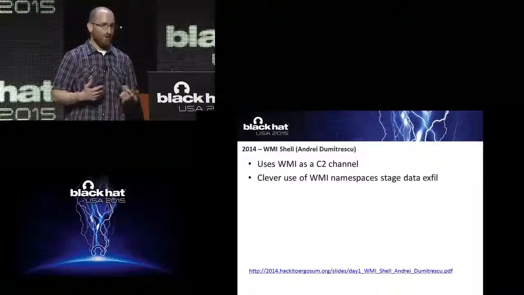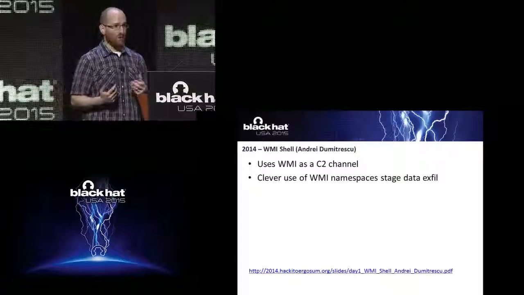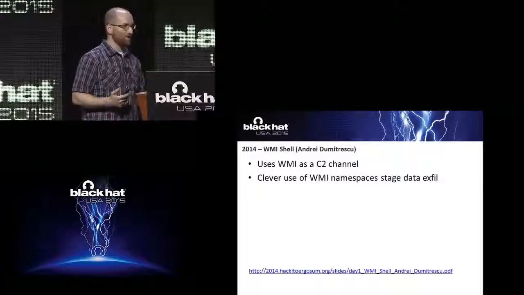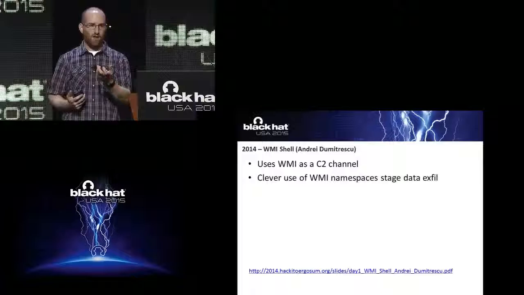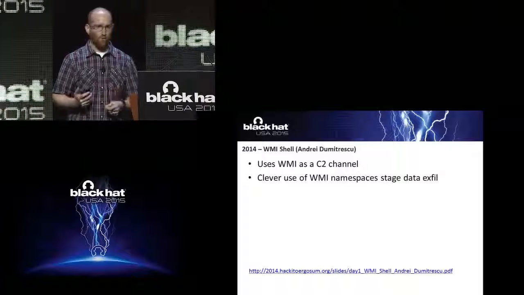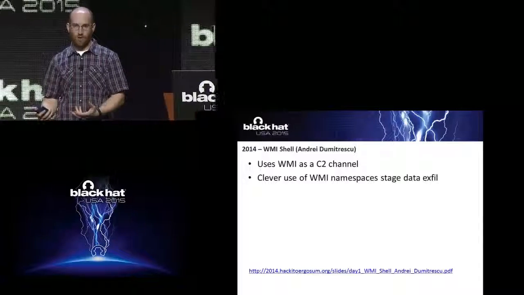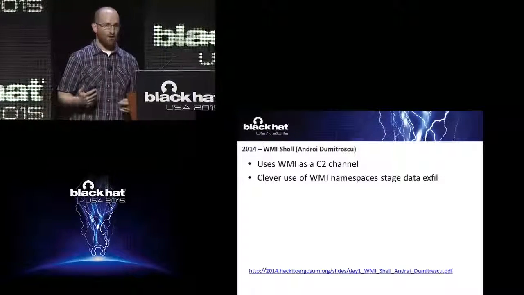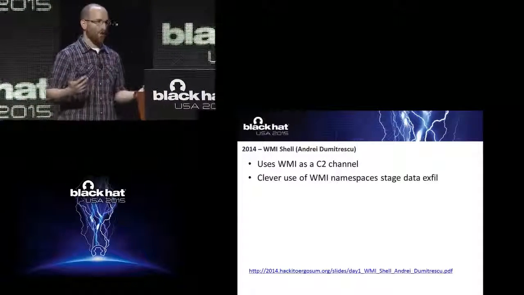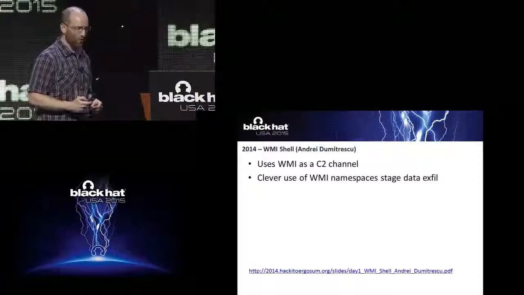So what that would allow you to do is stuff a payload in as the name of a WMI namespace, and then call the Create method in the Win32_Process class to consume that data, like say base64 decode it and execute some PowerShell command that was embedded within it, right? And then what you could also do is take the result of that malicious PowerShell command, write the output to say another WMI namespace, and then read that back remotely, say using the Get-WmiObject cmdlet, right? So you're using WMI as a pure C2 channel, which is pretty cool.